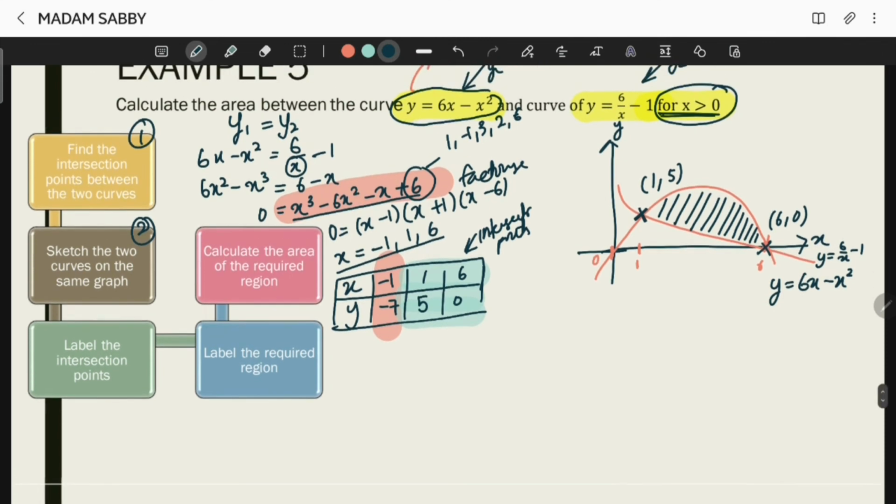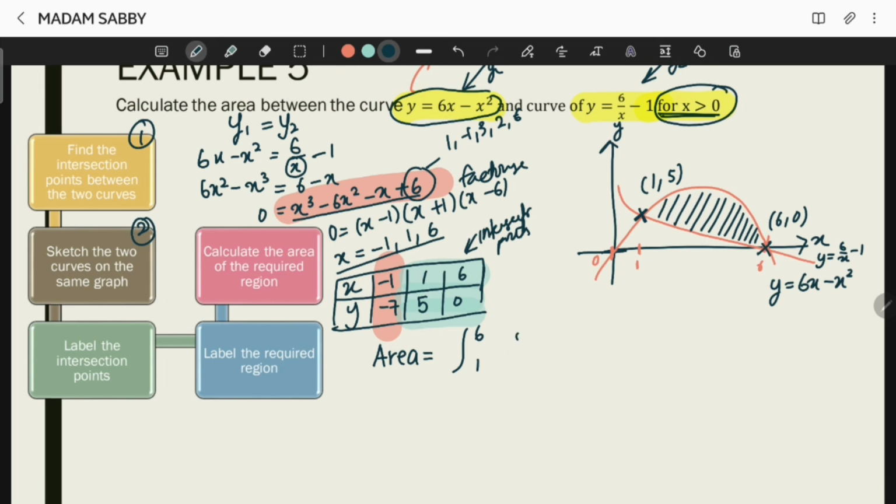So area equals the integral from 1 to 6. The upper limit should be the bigger x coordinate of the intersection points, which is 6, and the lower limit is the lower x coordinate, which is 1.